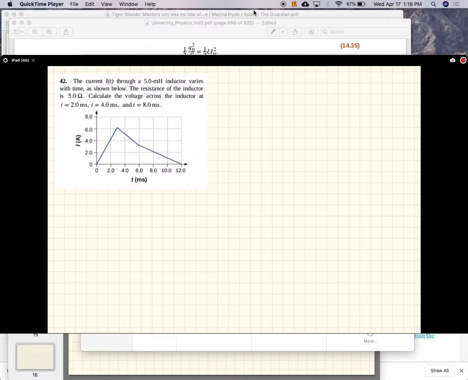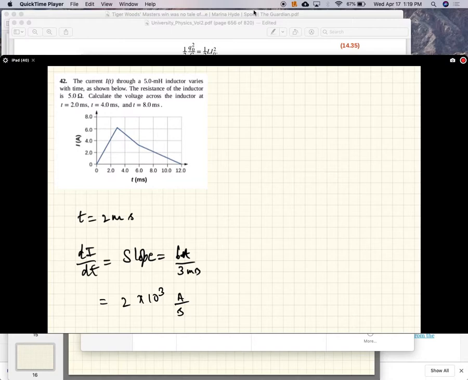So at t equal to 2 milliseconds, di by dt is equal to the slope, and the slope of that line is roughly 4 divided by 2, or 6 divided by 3, same thing. 6 amps divided by 3 milliseconds, 2 times 10 to the 3 amps per second.